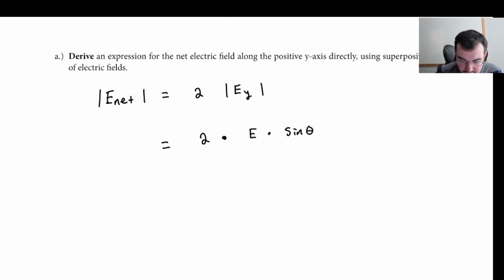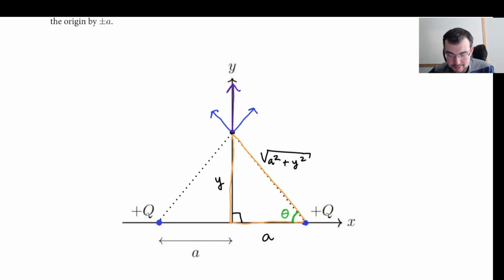So what is sine theta? Well, first let's get E. E from a point charge is kq over r squared. So our r is that Pythagoras term, so I square that because we know that E is kq over r squared.